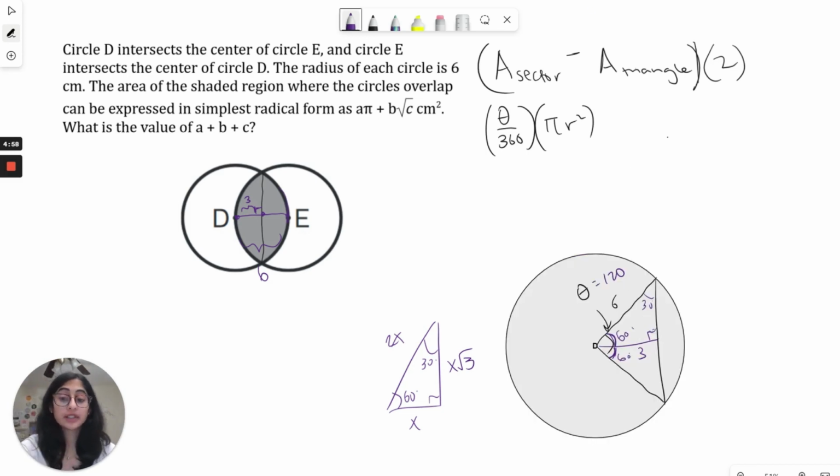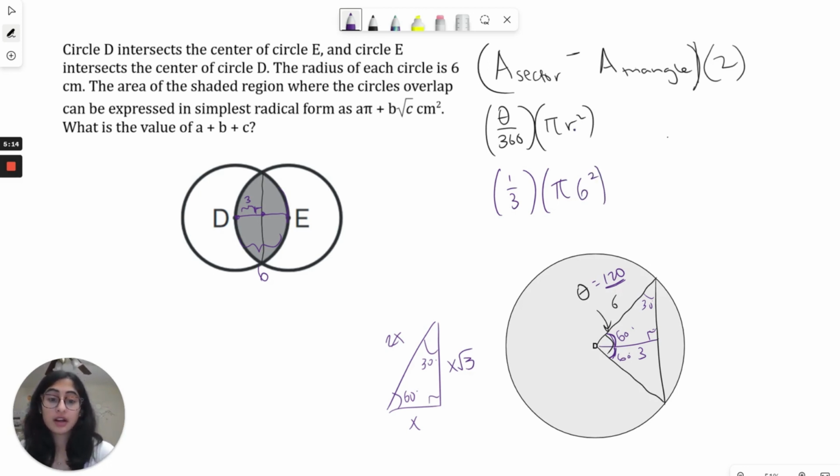So we know that the area of this entire sector is going to be theta over 360, which is 120 over 360, which is 1/3, times pi r squared, and r is 6, so 6 squared. Now we just have to find the area of this triangle, because that's what we're subtracting. Like we said before, this is a 30-60-90 triangle.